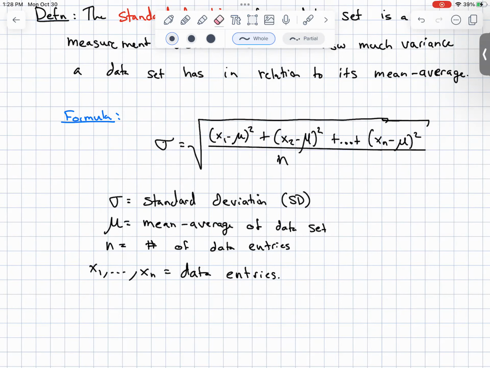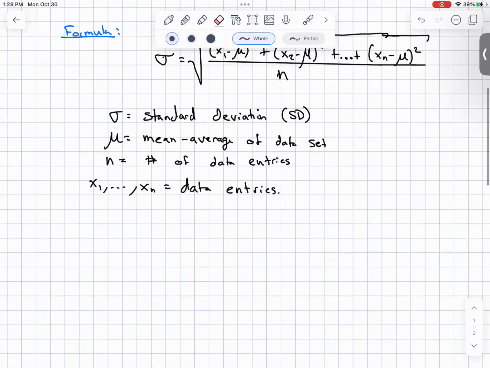So by the way, let's go ahead and actually use it and show you that it's not as scary of a formula as you think it is. Once you see it in practice, it's like, oh, okay, I see what's going on here.